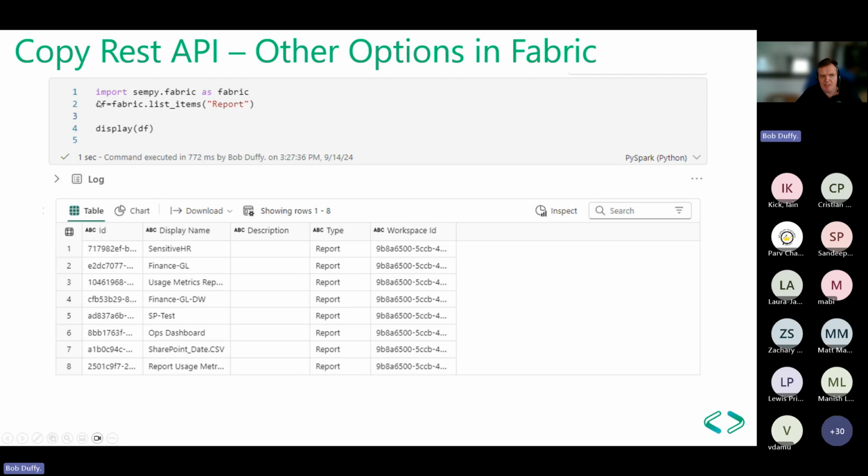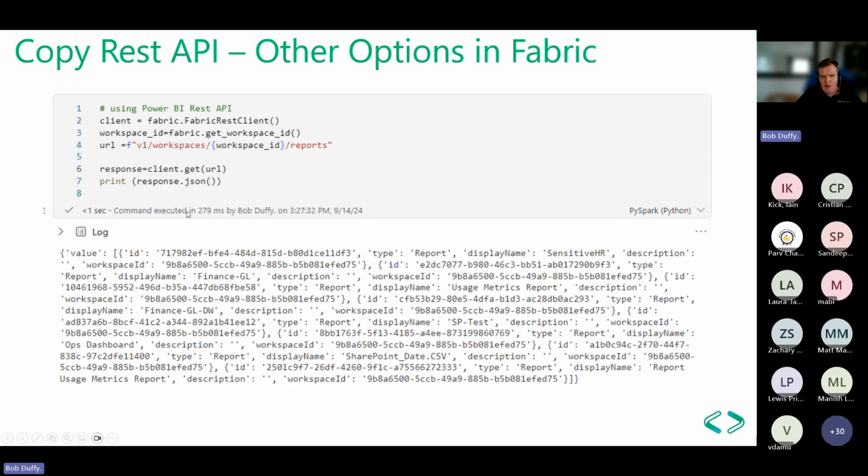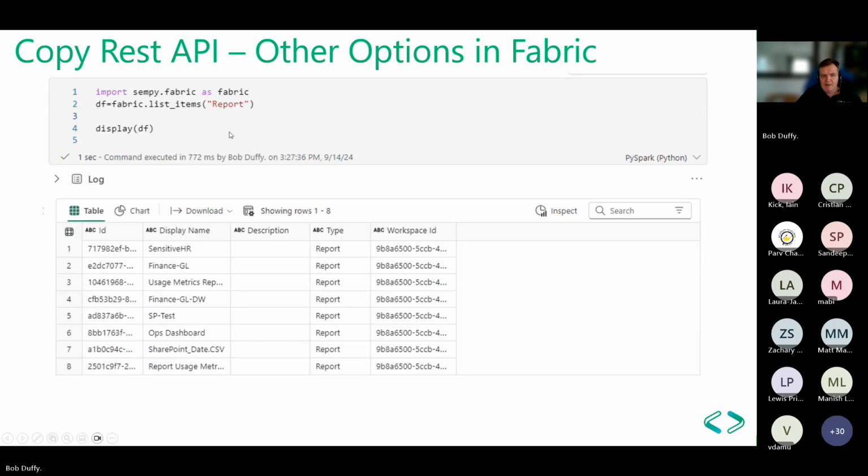So here we've converted it into a data frame, displayed it, and got a wrapper. But from a programming point of view, it's only one line of code now. But look at the execution time: 772 milliseconds, whereas when I just called the raw REST URL, it was 279 milliseconds. So using a wrapper does have a cost, but it's convenience versus performance, right?